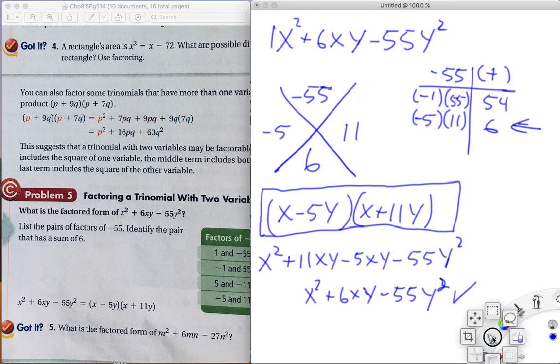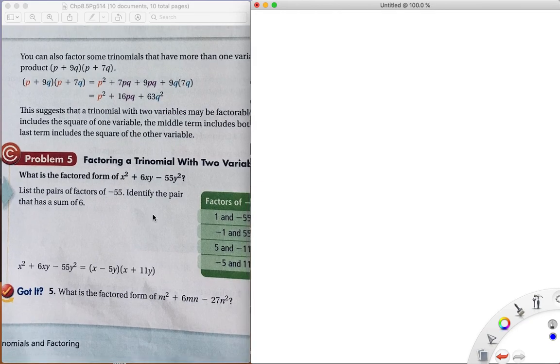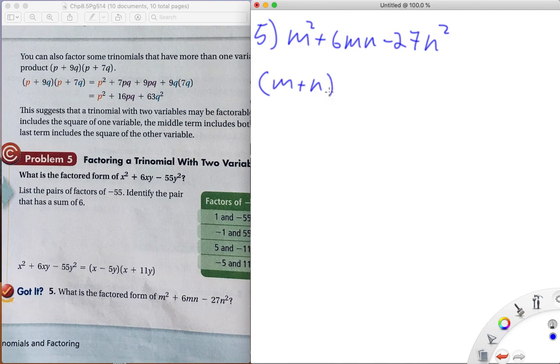So an example that they give, or problem that they give, is number 5, and that's m squared plus 6mn minus 27n squared. So this is going to be in some form of m plus n and m minus n.